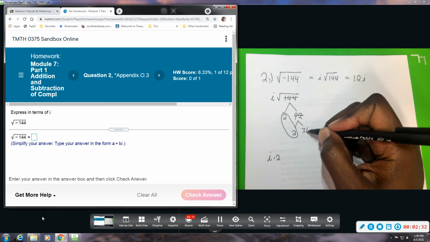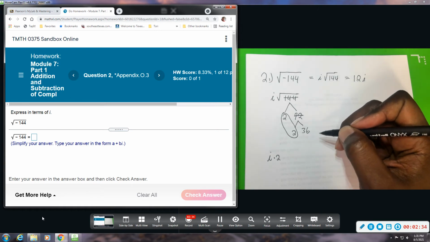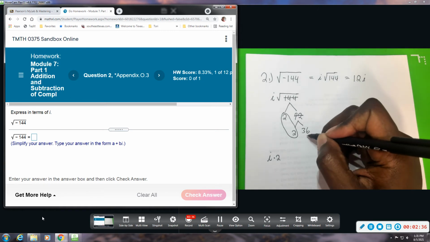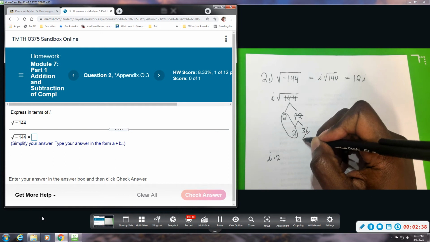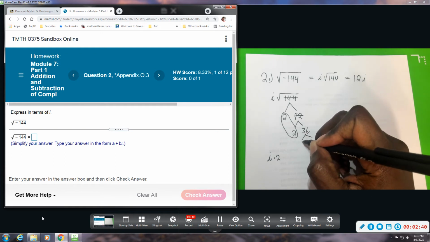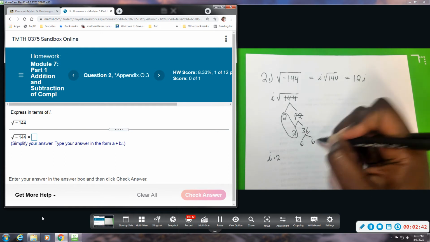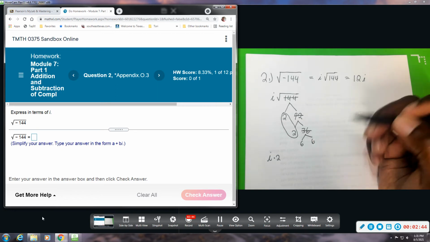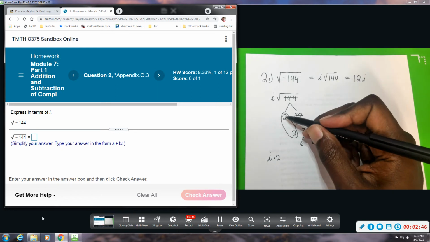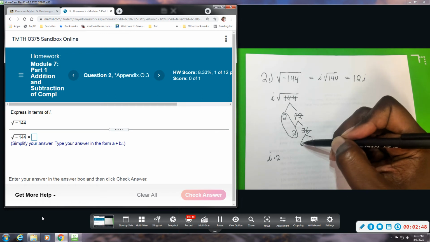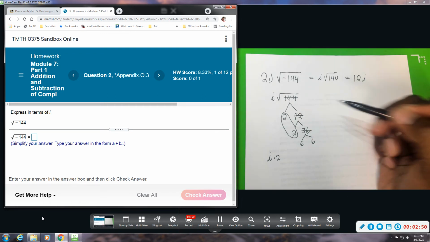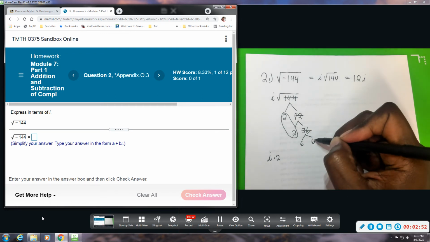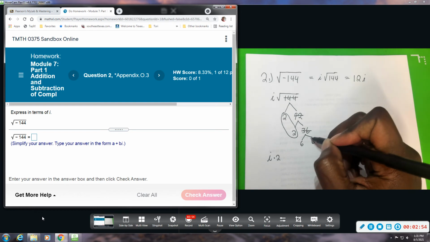Now, 36, I can divide it by 2, but I also notice that 36 is a perfect square, so I'm going to write 6 times 6 just to save me some time. So if you were to multiply 2 times 2 times 6 times 6, it would give you 144. And notice again, I have a pair of 6's, so I will circle these.